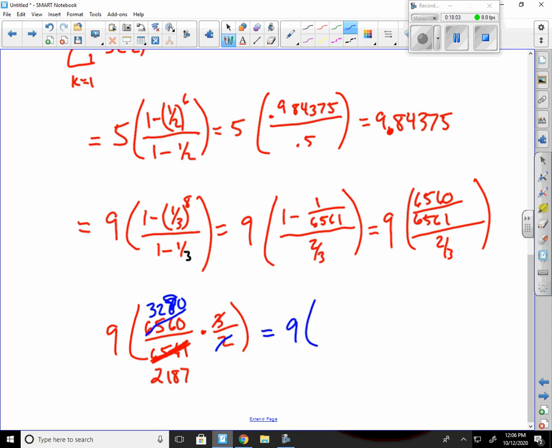So now I have 9 times 3280 over 2187. Now I just multiply. When I do that, my 9 will cross out with this. I'm left with 3280 over 243.